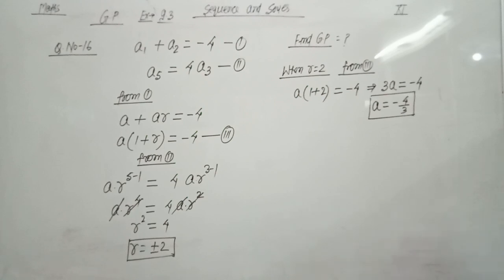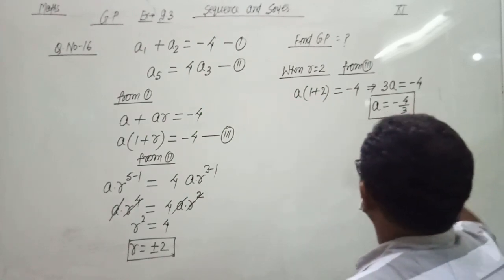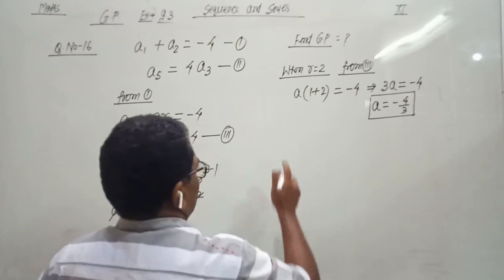So when R equals 2, the value of A comes to be minus 4 by 3.